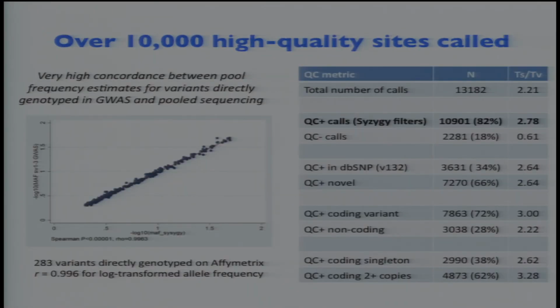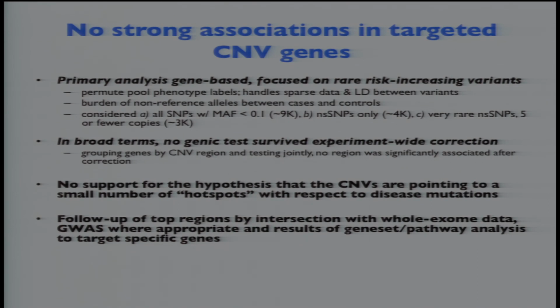And so let me just tell you the results of the targeted study. The hypothesis, of course, is asking a question about whether the large copy number variation, the big deletions that we've found, are pointing to genes that individually increase risk of schizophrenia. That might be a theory.